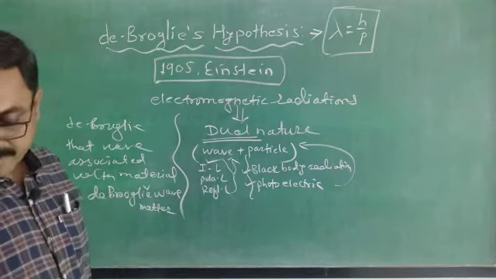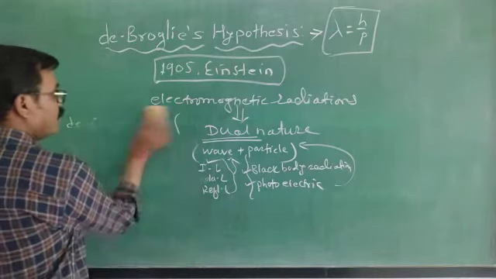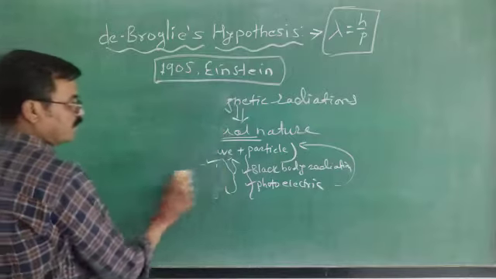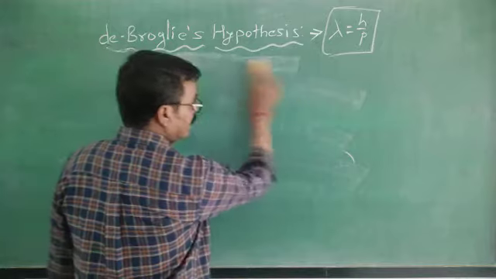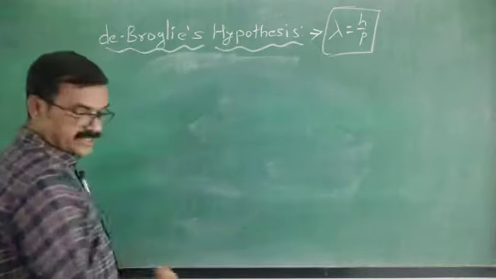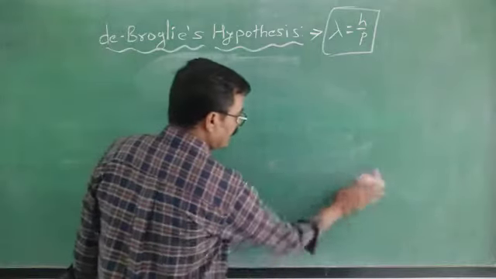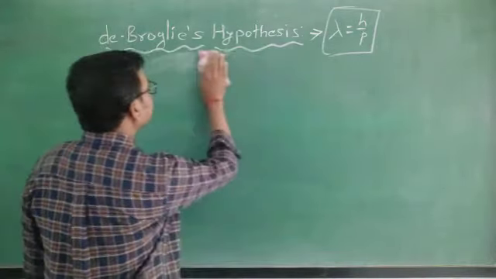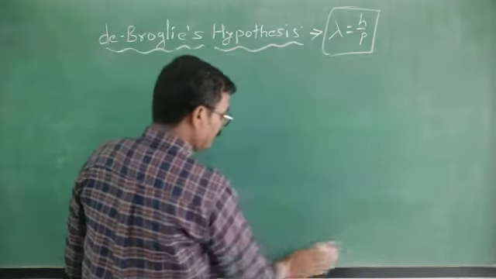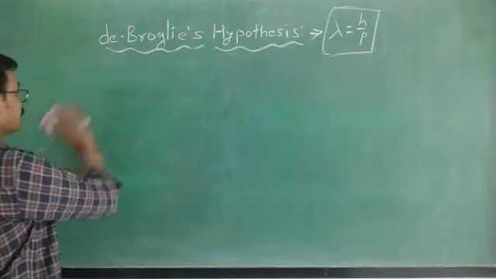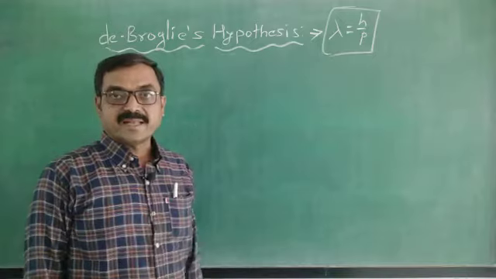Now, Einstein put forward his statement of the dual nature of radiation including light: phenomena like polarization and interference explain the wave nature, while the photoelectric effect as well as black body radiation explain the particle nature.